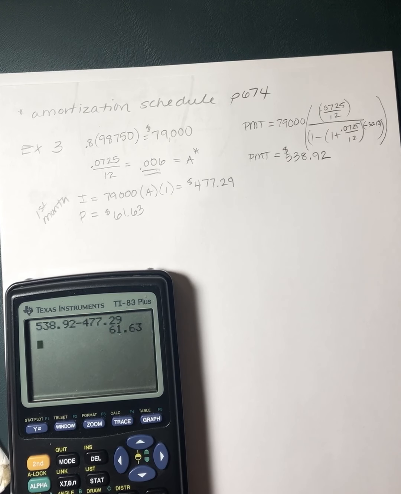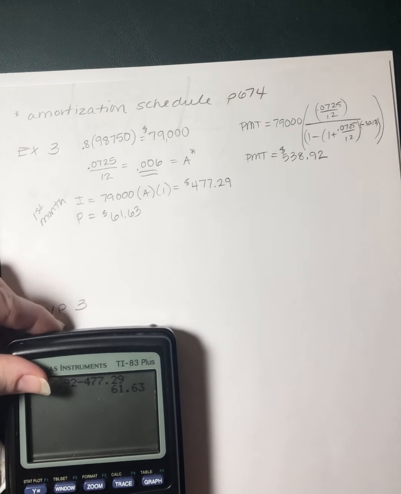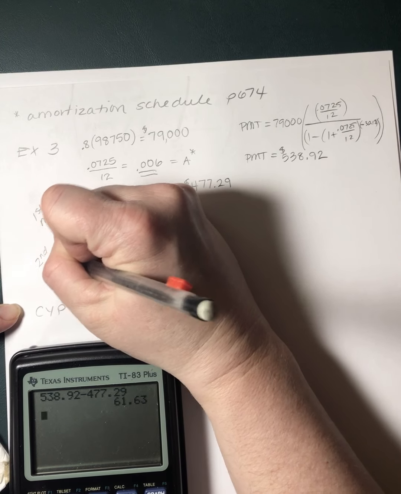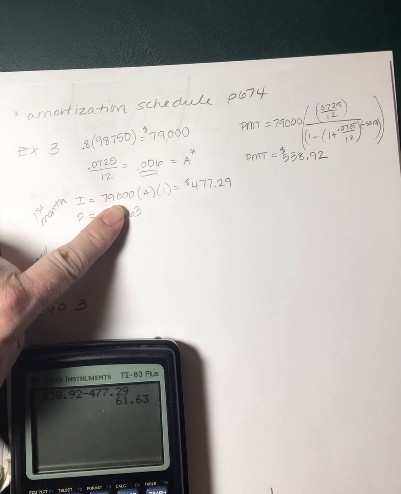Now they asked, and this is where it gets tricky, they asked how much is applied to interest and how much is applied to principal in the second month. So we have to go through this process again, okay? Now the difference is going to be my principal has now changed.